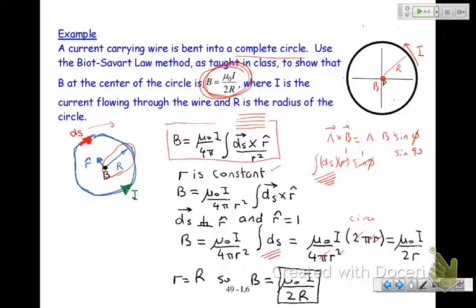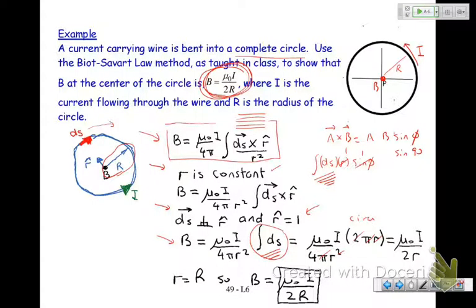But the basic methodology, that process of write down Biot-Savart, recognize that R is constant, recognize that ds is perpendicular to r hat and r hat equals 1, and then rearranging, recognizing that this is the length of the wire. In this case, the length of the wire is the circumference. And then substituting, that's the meat and potatoes of this.